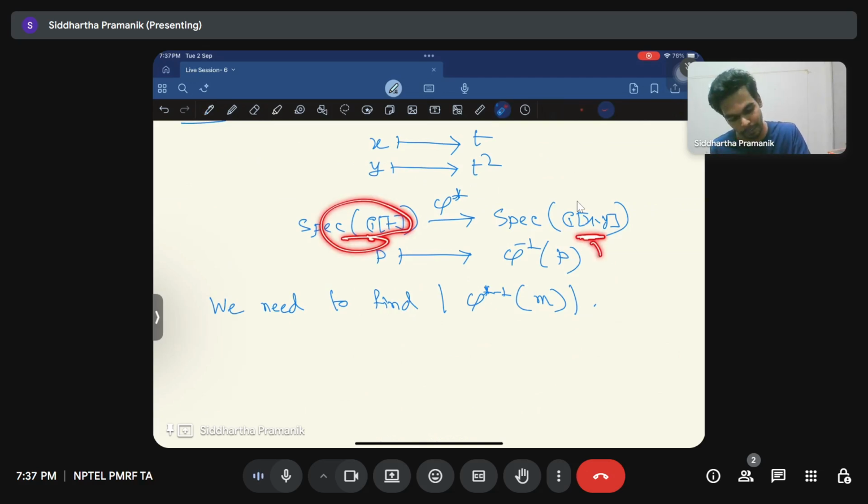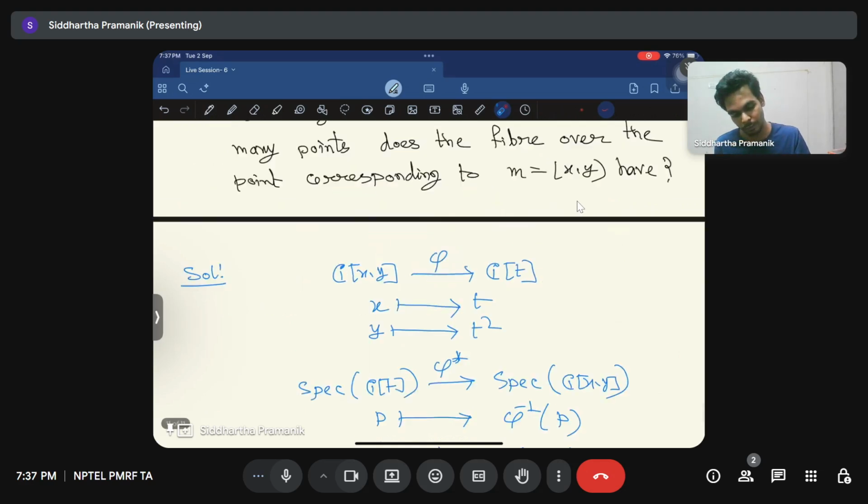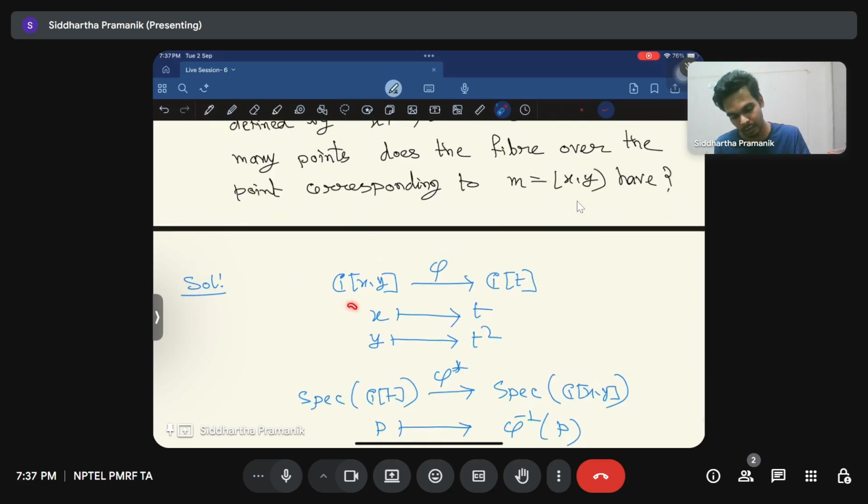If you take the maximal ideal, how many pre-images are there? That we need to find. So basically, here we have M. What are the prime ideals here which correspond to this M? That we need to find.